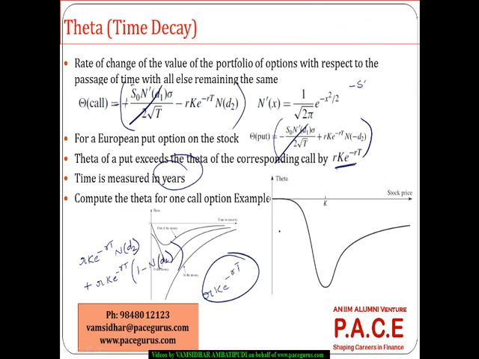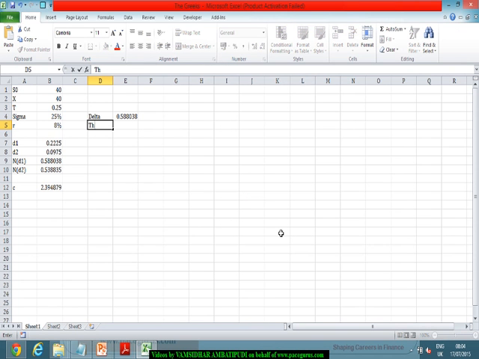Fair enough. Now for the same, if I have to look at the theta, here let's talk about it for a call as well as for a put. For a put we have already said delta is nothing but N of D1 minus 1, which is minus 0.41, because delta of a call minus delta of a put should be equal to 1.